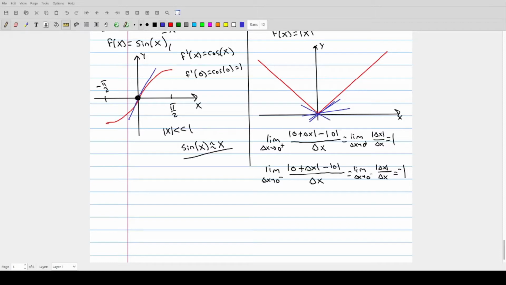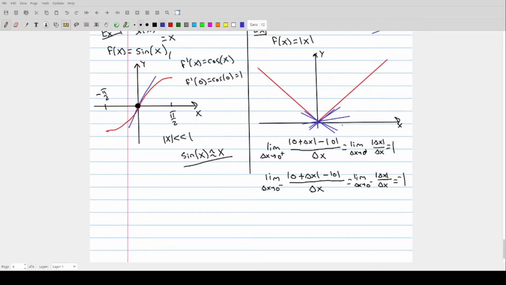If you try and approximate the left-hand side with a given linearization, the approximation on the right-hand side is going to get horrible. So this is really what differentiability is. It's the lack of a linearization, or tangent approximation, to the function.